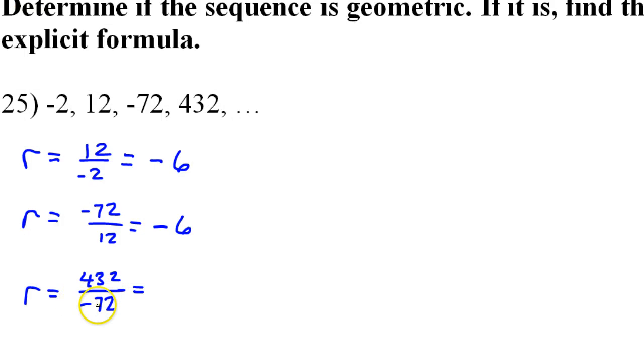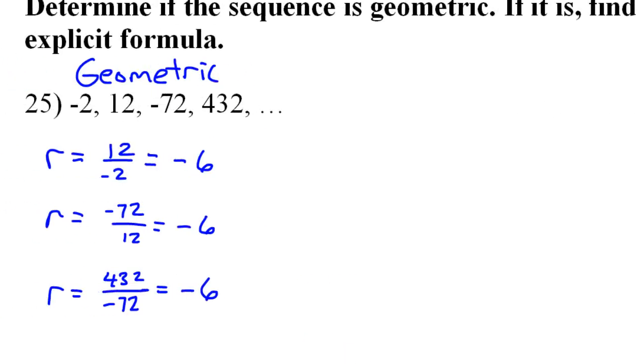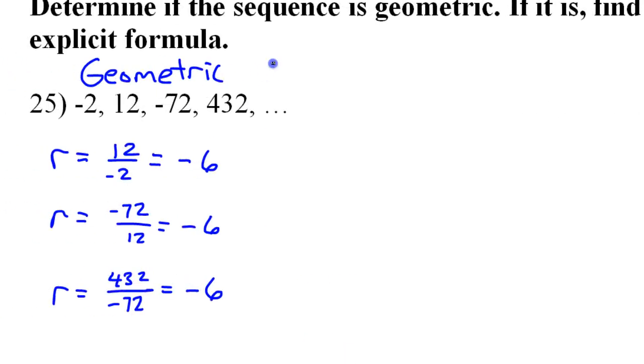So of course that means this would be negative 6. Now, when you get the same thing for every pair of numbers, that means it is geometric. All right, so yes, it is geometric. So maybe I'll just put geometric. All right. If it is, find the common ratio. All right, we found it. R is equal to -6. All right, that is the common ratio.